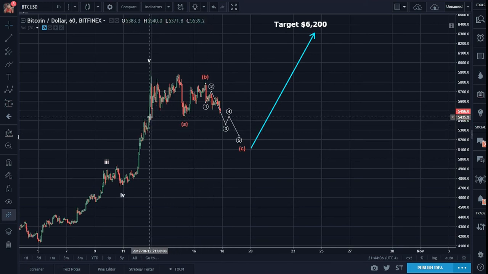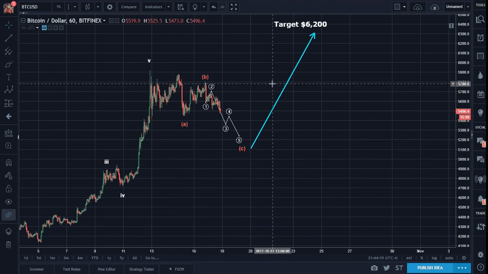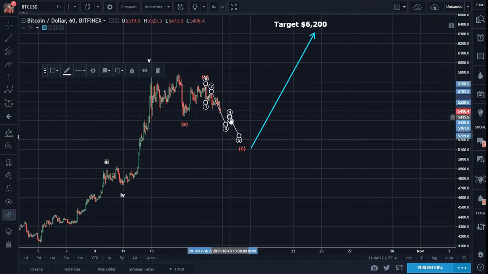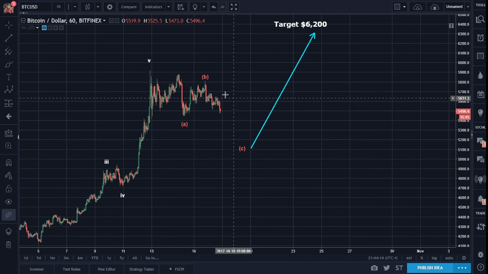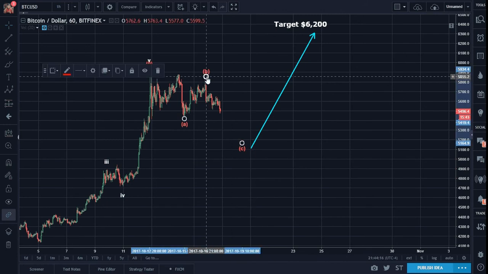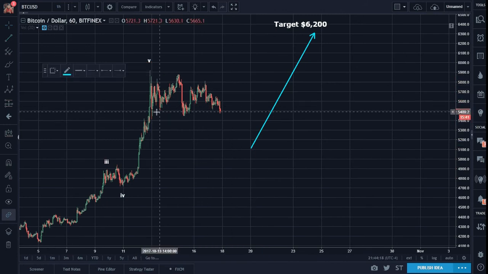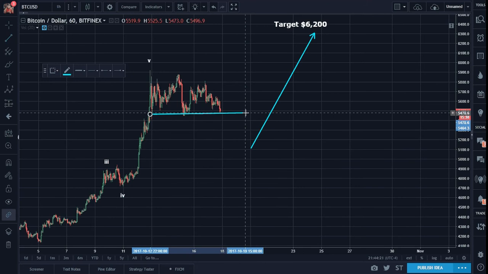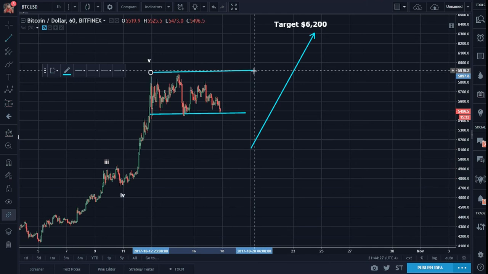The other possibility is that this is becoming a horizontal channel, possibly. Whereas if I remove these lines and then the corrections, I can draw the horizontal lines, like so.